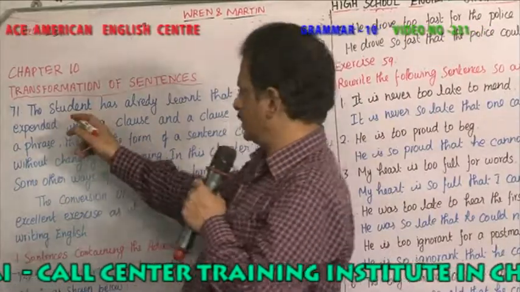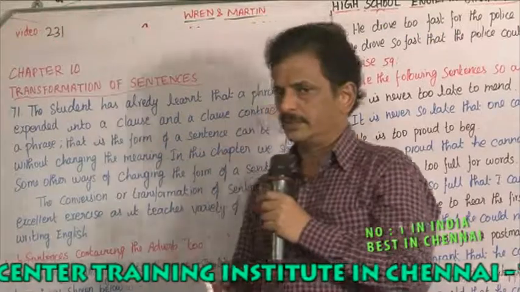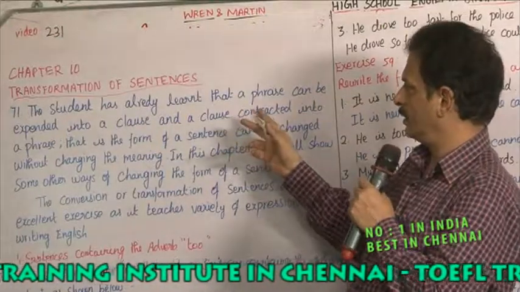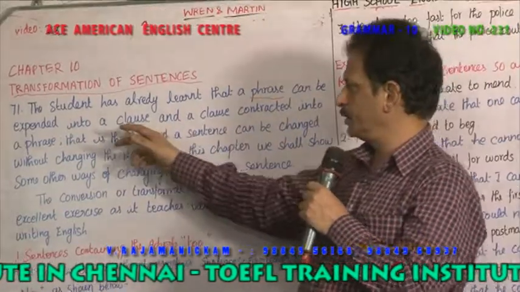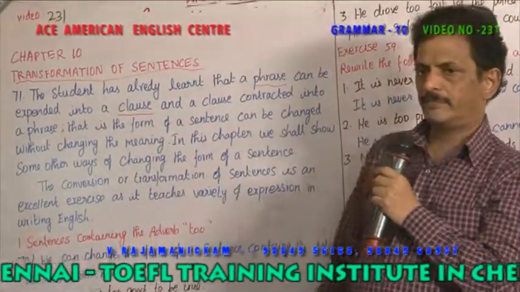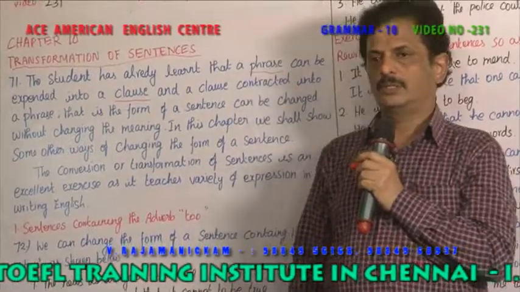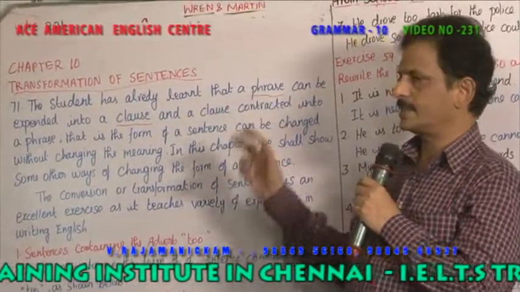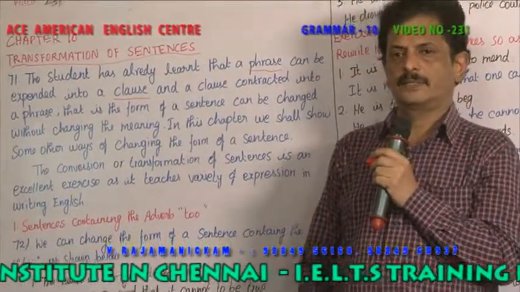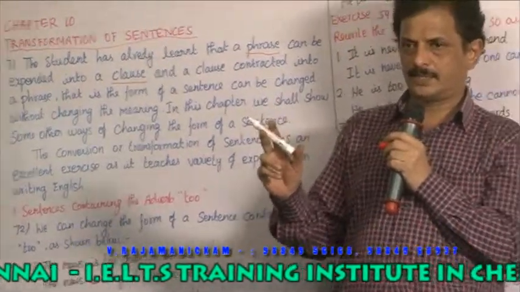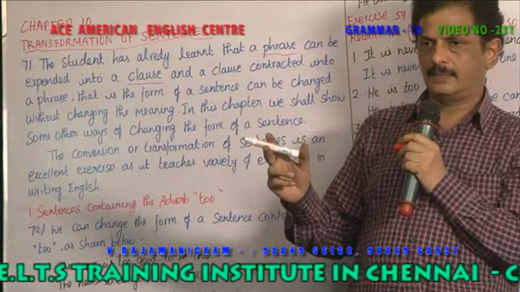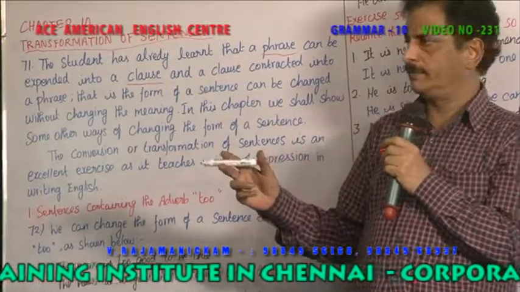For example, the students have already learned that a phrase can be expanded into a clause. What is a phrase? A phrase is a group of words. It gives a meaning but not a complete sense. There isn't a separate subject and predicate for it.